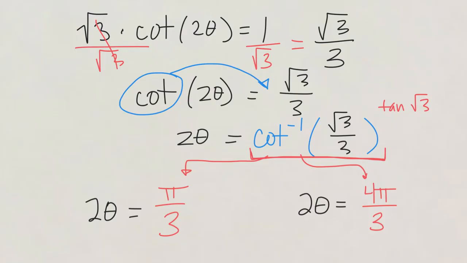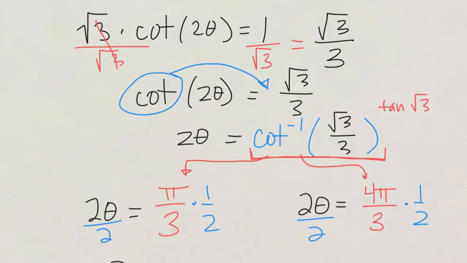Both of those come from your unit circle. So make sure you have a unit circle to refer to when we are solving trig equations. Unless you have memorized all of them, which I didn't ask you to memorize, I want you to use your unit circle. So divide both sides by 2 means we multiply by 1/2.